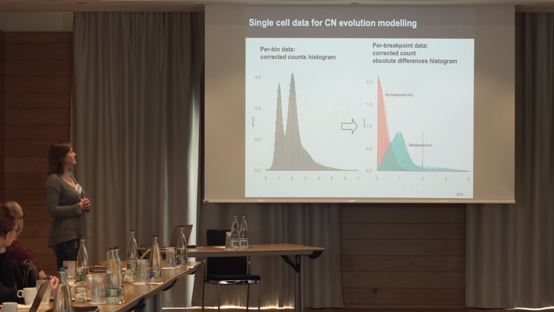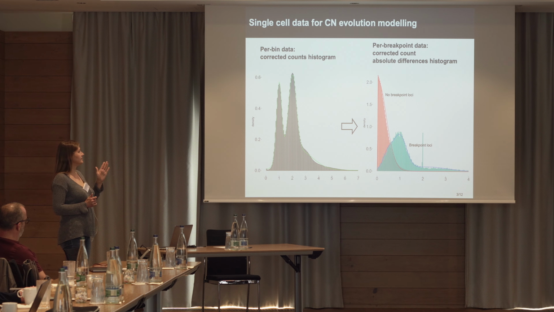And in our case, these are the corrected count absolute differences in adjacent bins. They were here divided into two subgroups. So the red subgroup are the corrected count absolute differences for loci where we do not expect a breakpoint. So we don't think there's a copy number change there.